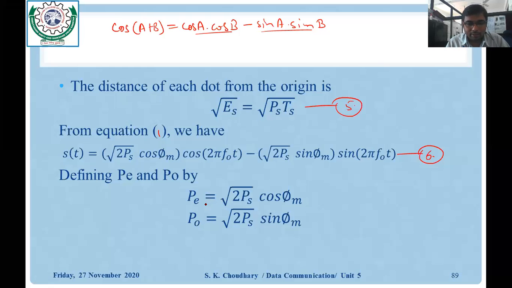Now substitute p and p naught in equation number 6. Note down these equations. When we substitute these two values in equation 6, s of t becomes p cos 2 pi f naught t minus p naught sin 2 pi f naught t. That is equation number 7.